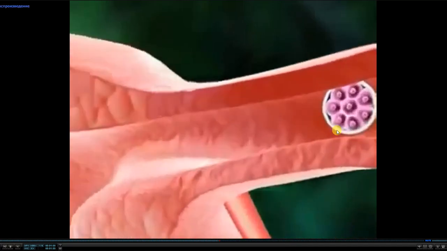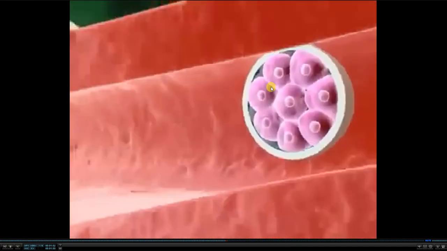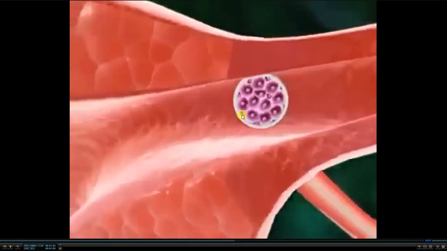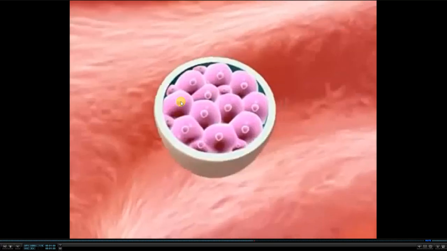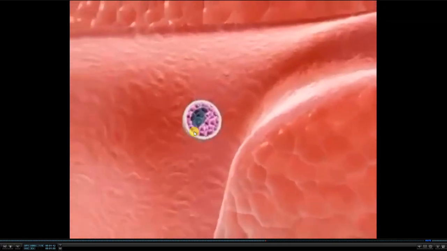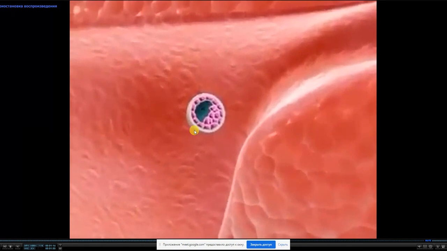So let's continue. This is when the 16-cell stage happens. It is named the morula, and in this morula stage, on the third day, it enters the uterus. In the 16-cell stage, all cells are equal, but then starts the process known as differentiation of cells.